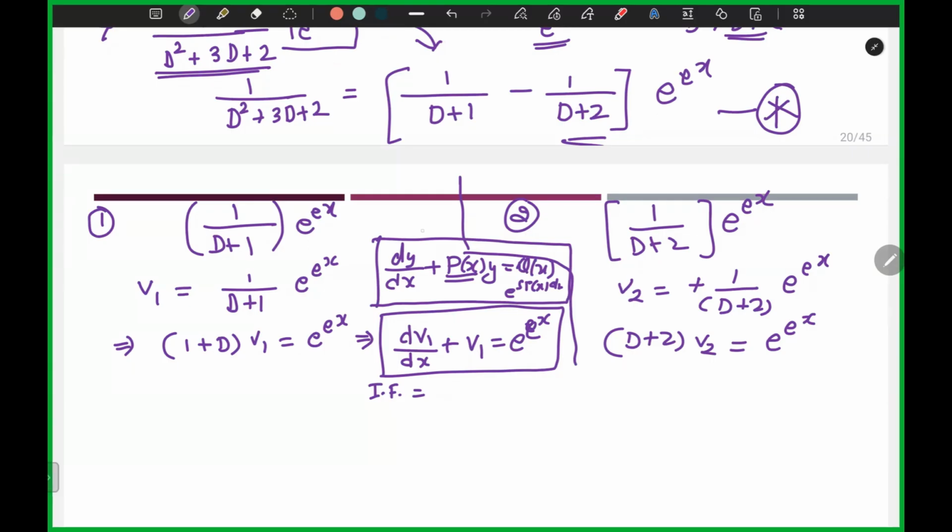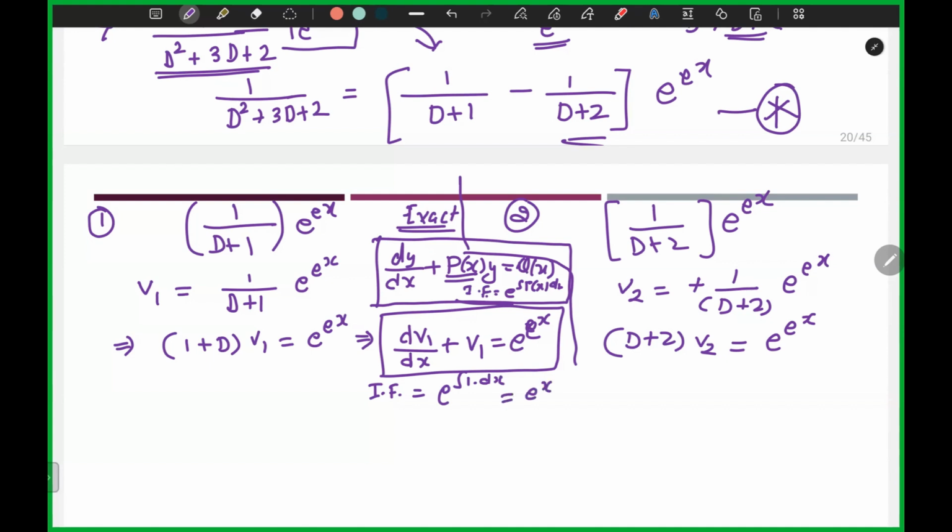It is the simple linear differential equation that we did earlier, when we solved using the exact differential equation. So here the integrating factor part comes in. What is the integrating factor here? e to the power integral of 1 dx, that is e to the power x.